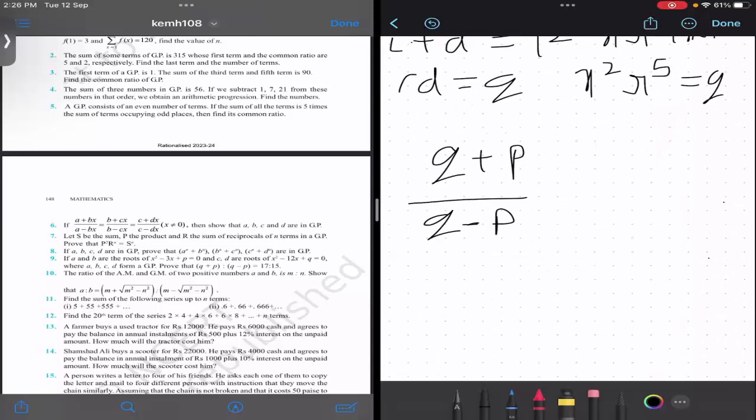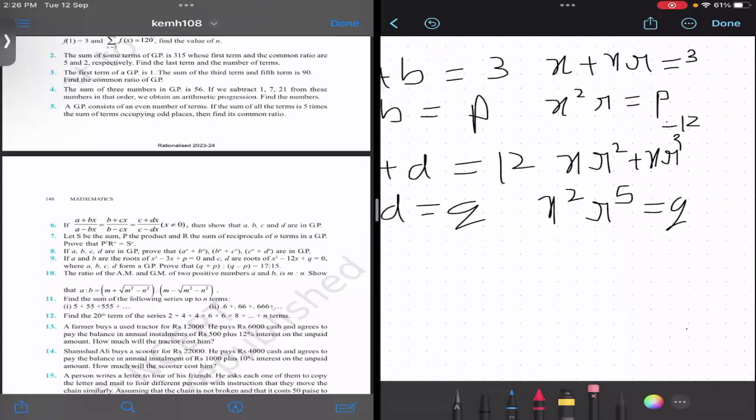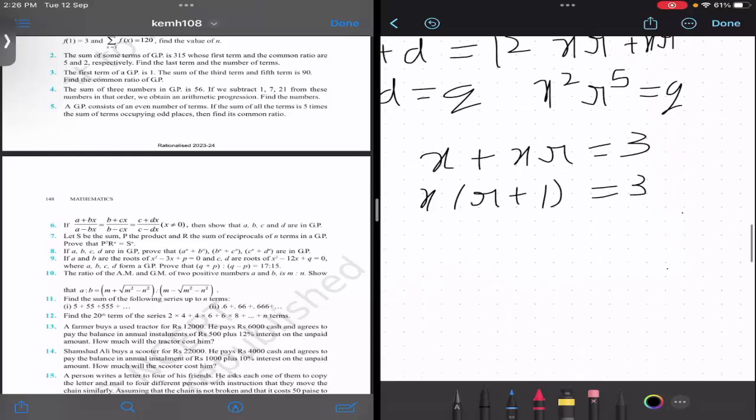Let's not try and find out the ratio first. Let's try and solve for x and r from the equations that have been given to us. So here you have x + xr equals 3. Taking x out common, you have x(r + 1) equals 3.